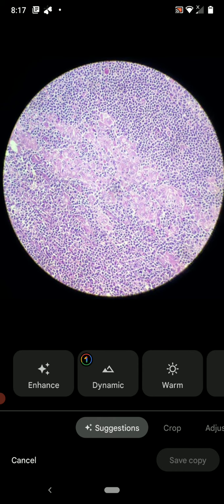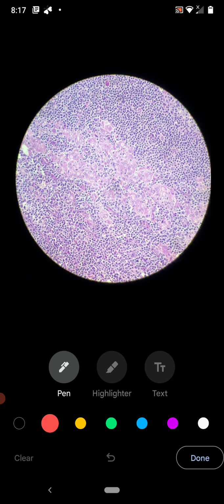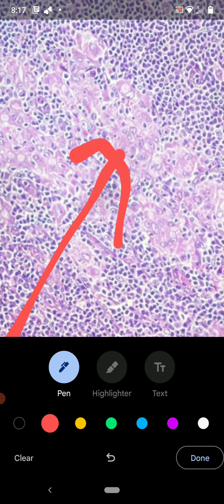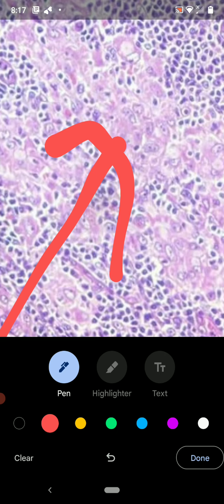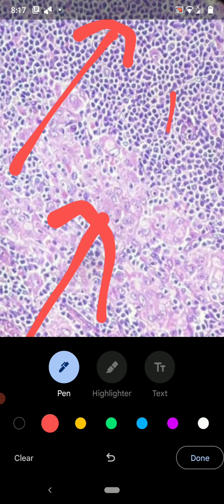These are clusters of epithelioid histiocytes, these small clusters also known as microgranuloma. And we can also appreciate these cells with a small round dark nuclei and abundant clear cytoplasm. These are monocytoid B cells.